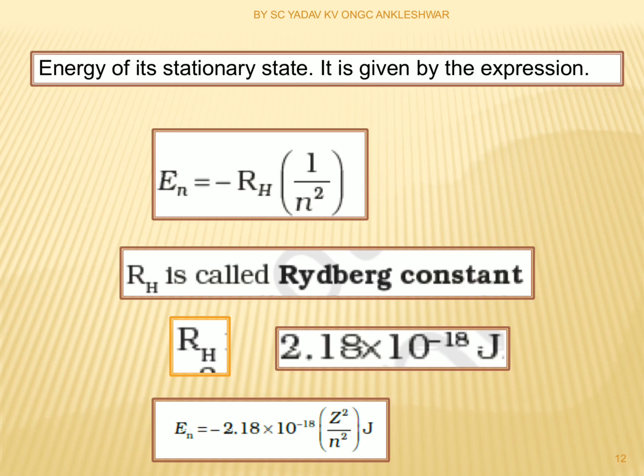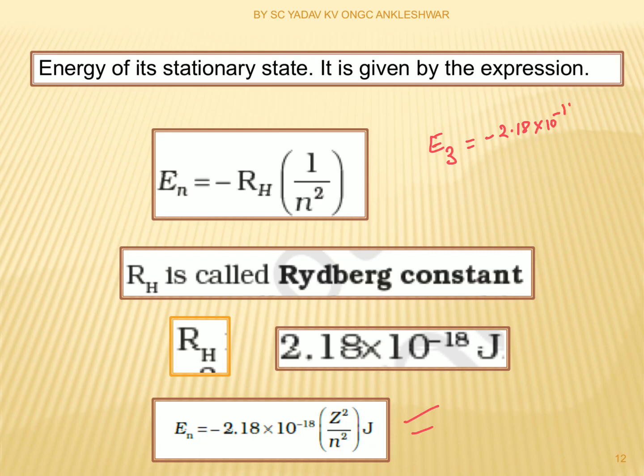But here Z is 1, the atomic number for the hydrogen atom, as given by Niels Bohr. Suppose we have to apply this formula for another element having atomic number 2 or 3, then the formula changes to En is equal to minus 2.18 into 10 to the power minus 18 Z square by n square joule. Is it clear? For any orbit you can apply this formula.